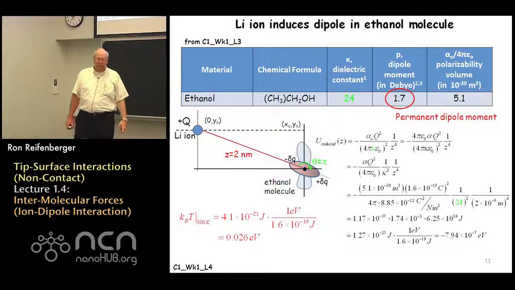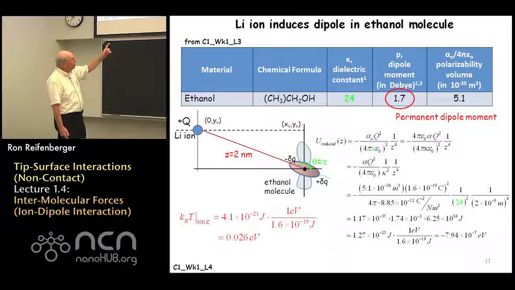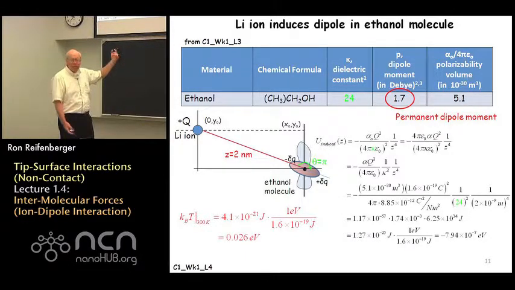You can track through the numbers. The equations are written out clearly for those of you who may not be familiar with the set of units that we're using. At the end of the day, you find that the interaction potential energy due to this induced dipole moment in the ethanol molecule is about 8 × 10⁻⁷ electron volts. It's negative, which means there's an attractive interaction.